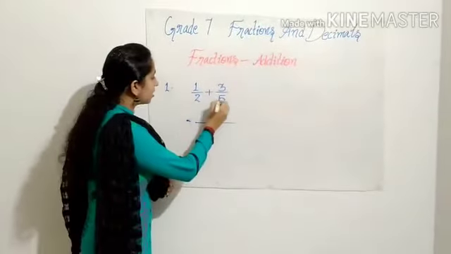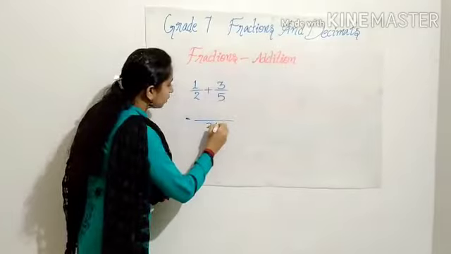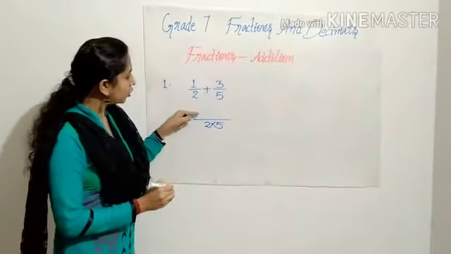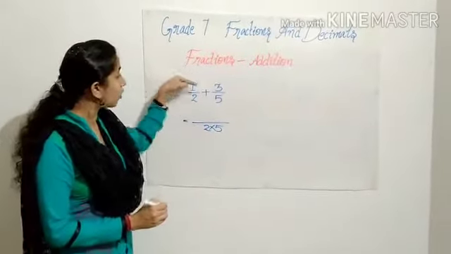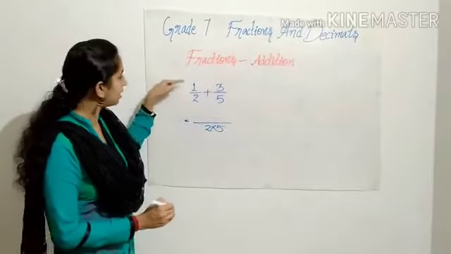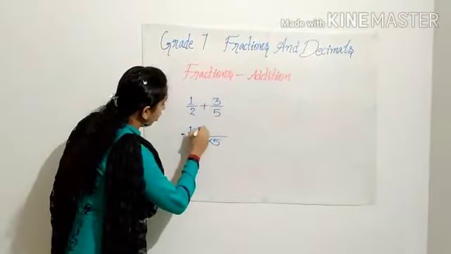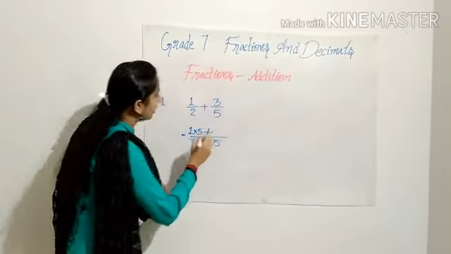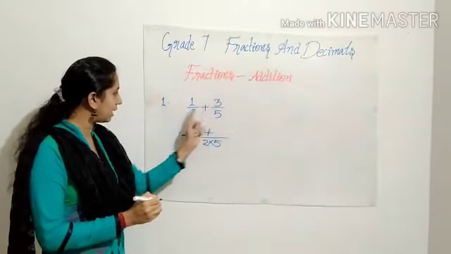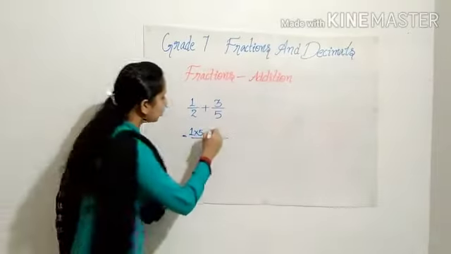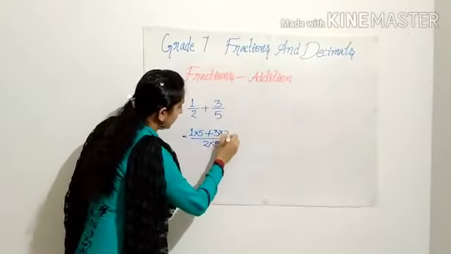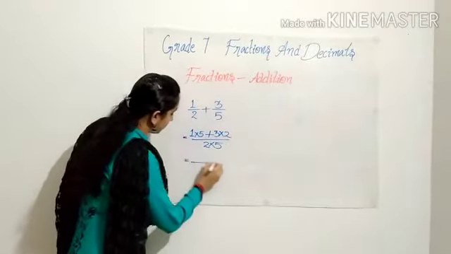So what do we get? 2 into 5. To get the numerator, you have to cross multiply. That means 1 into 5. Operation is addition. Again, you have to multiply like this. 3 into 2.